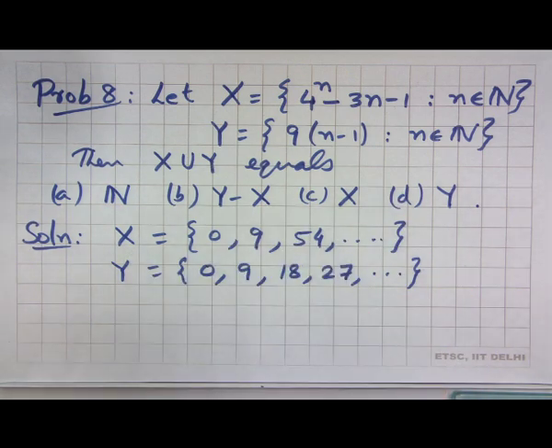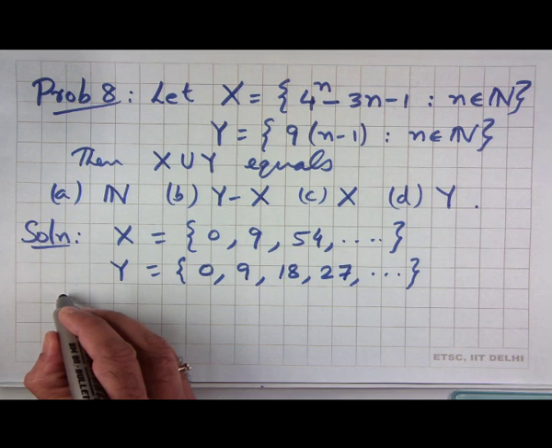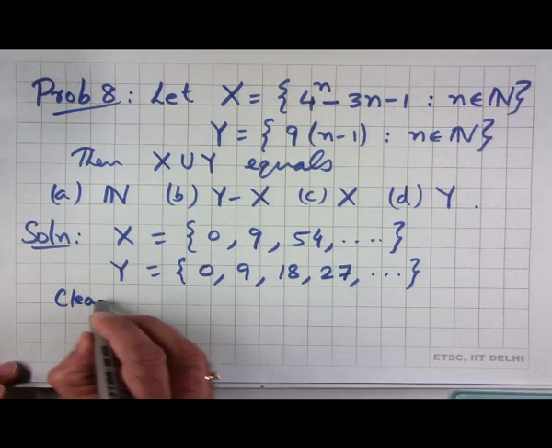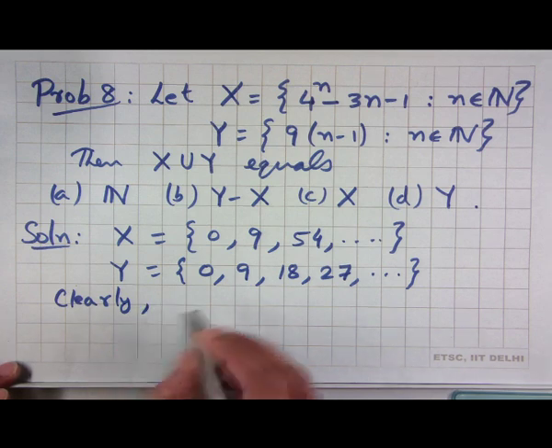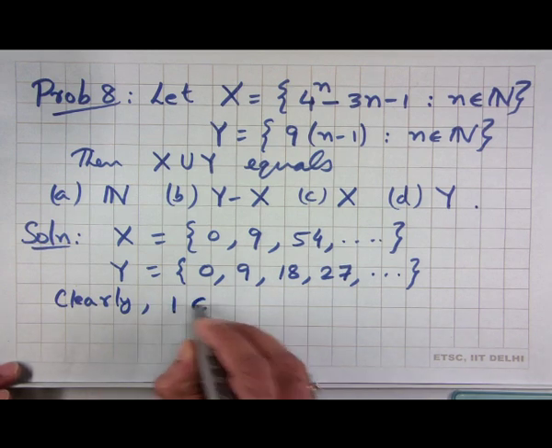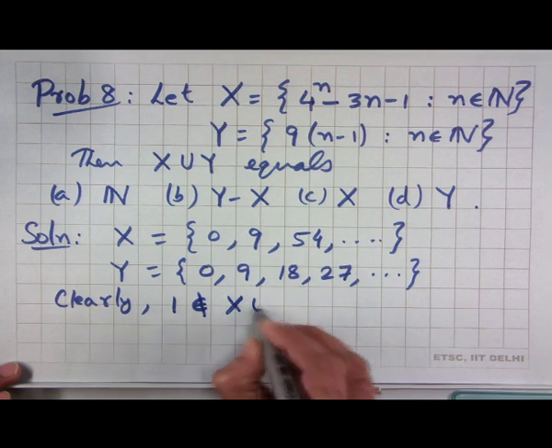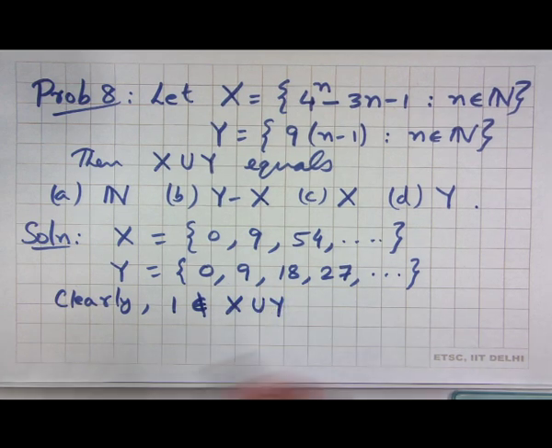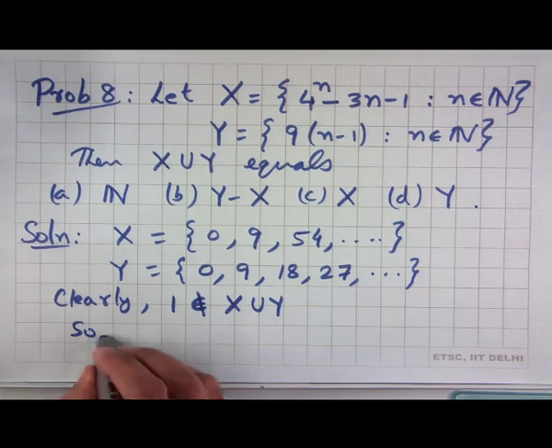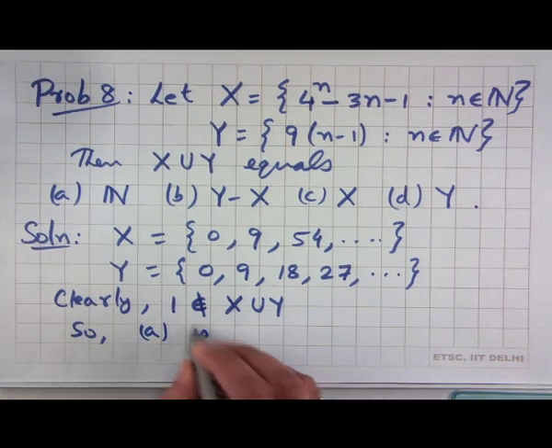So, now if you see clearly, 1 does not belong to X union Y. So, A is false.